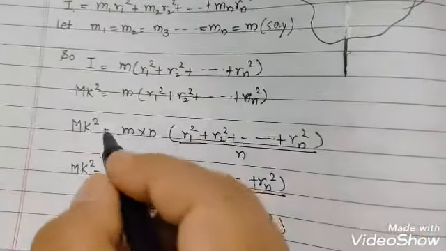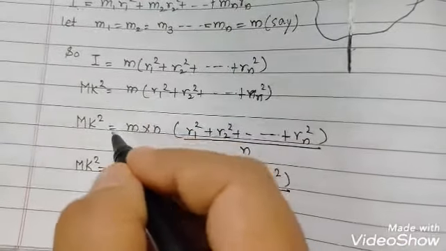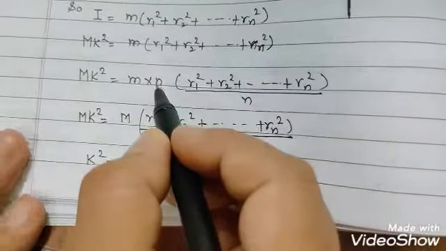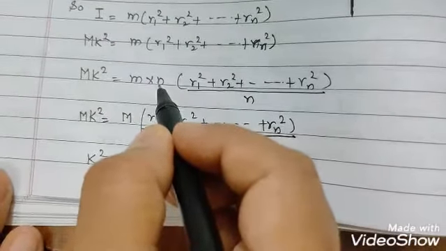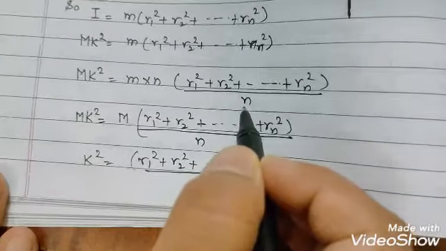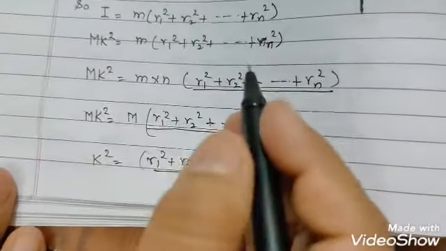So Mk square will be equal to this quantity. Now for Mk square, because it is an n particle system, we will multiply with n and divide with n on the right hand side of the equation.